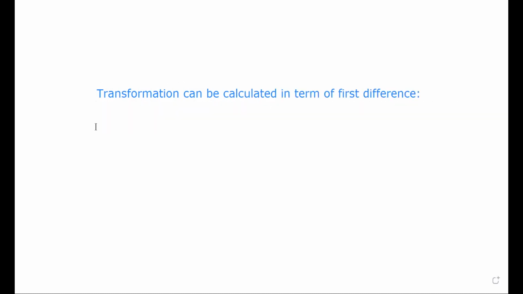It means if we have data here, for example, 1990, 1991, 1992, and variable X has 10, 16, 21.